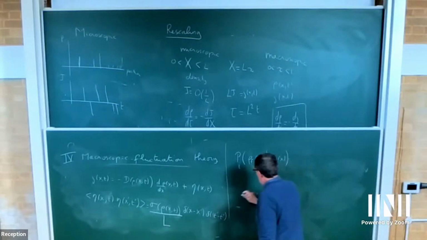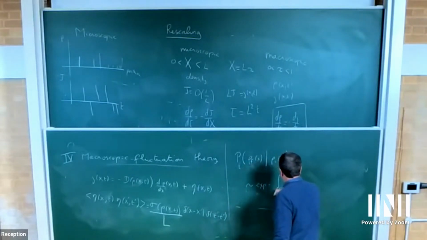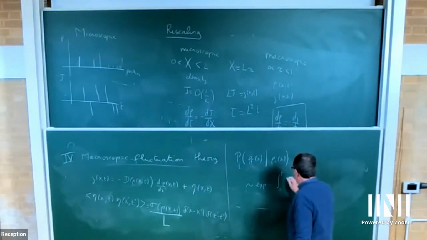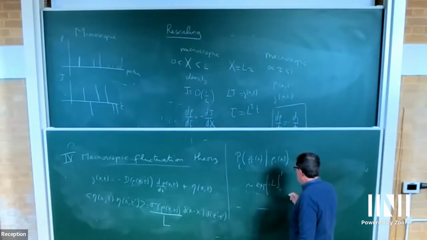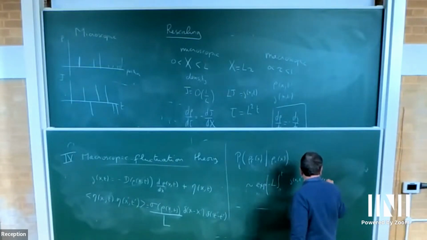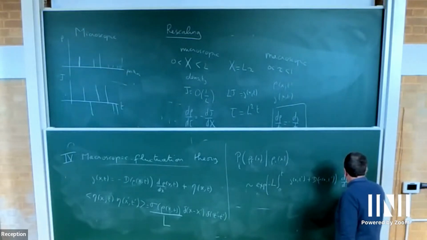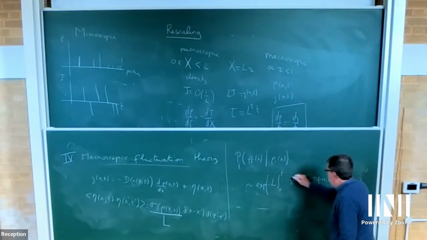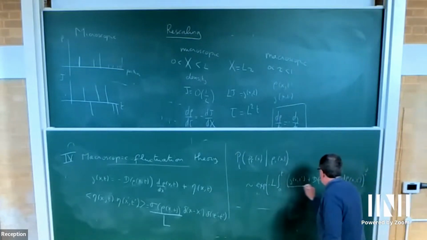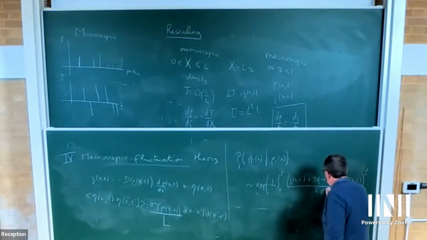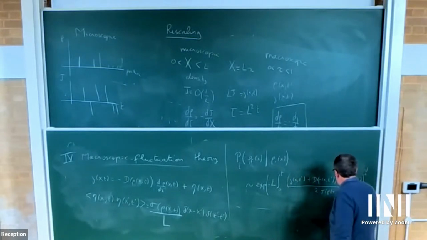It is just the exponential of minus the integral over time from 0 to t, with an L here, I'm going to explain, of the integral over x from 0 to 1, of (J plus D ∂ρ/∂x) squared, divided by 2 times σ(ρ).